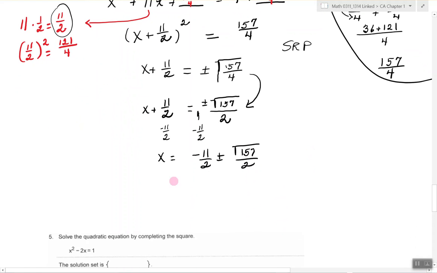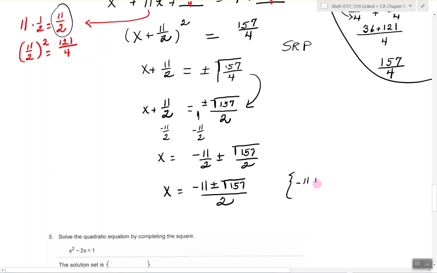Because those have the same denominator, I will write it as negative 11 plus or minus the square root of 157 all over 2.